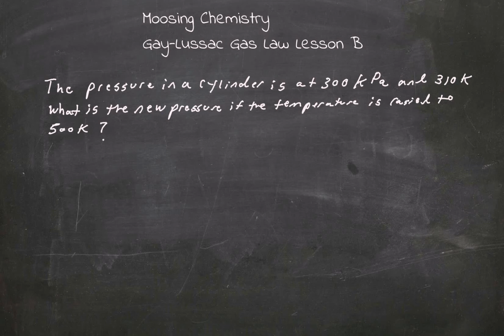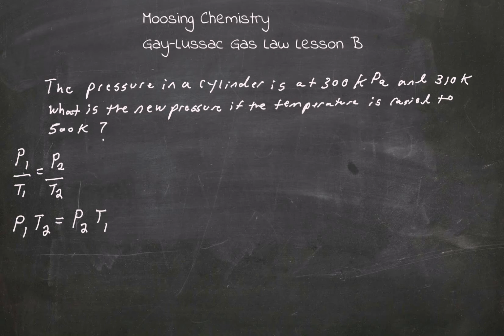Okay. So remember that Gay-Lussac is the pressure-temperature relationship. So it's P1 over T1 equals P2 over T2. But it's more easily mathematically solvable, at least for people, if you write it like this: P1 T2 equals P2 T1.